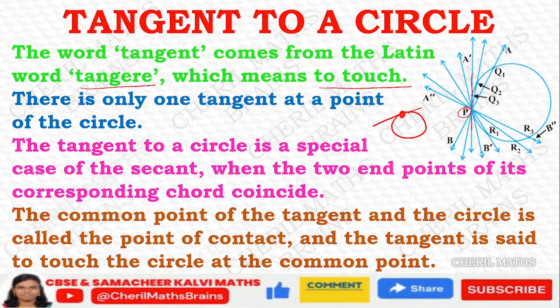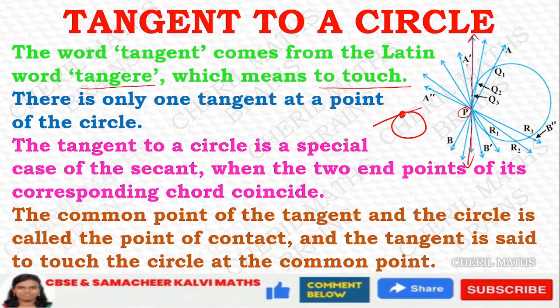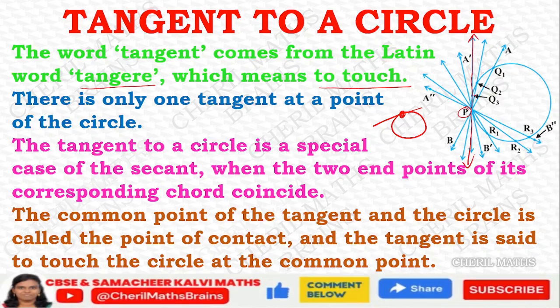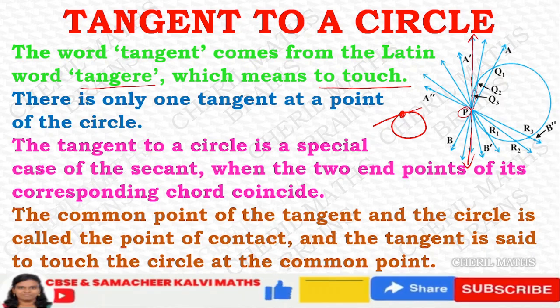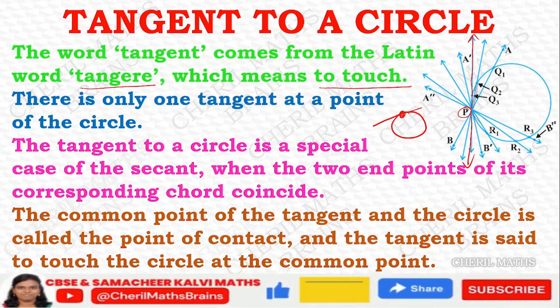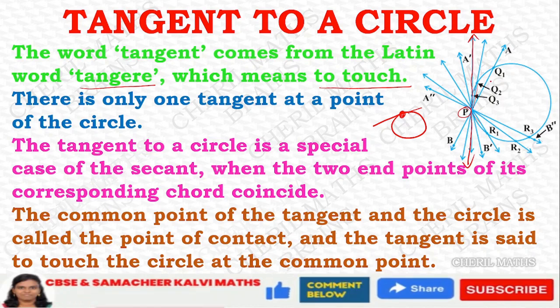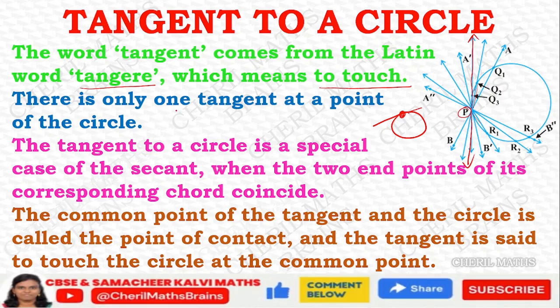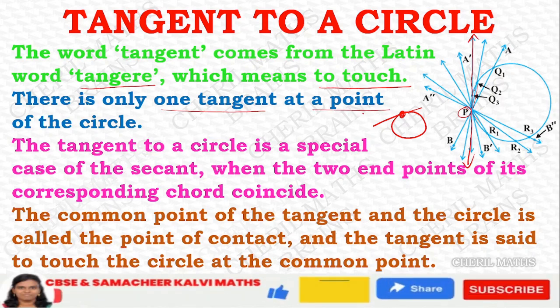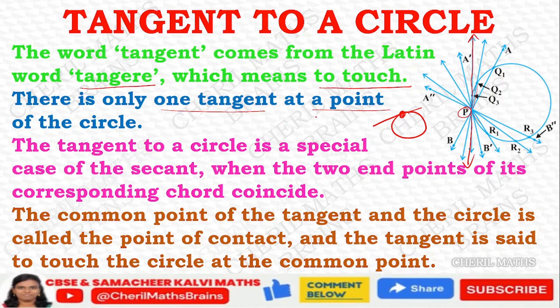Only this particular line is called the tangent. If you see every other line, it is going to pass through. See, it is going to pass through. So those lines are not tangents, but they are secants. Okay, so there is only one tangent at a point. You should be very careful with all this, children. You will be asked in your MCQs.